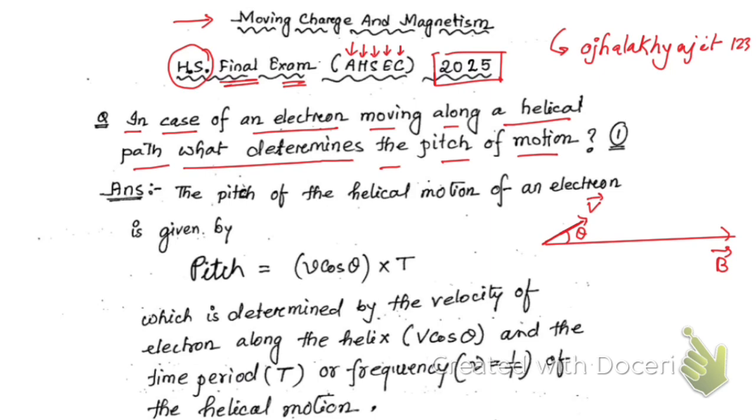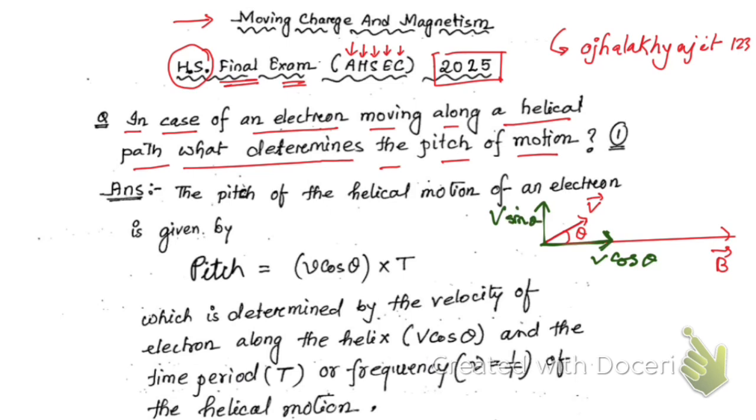Okay, it takes a helical path, because of its two components of velocity, one along the magnetic field, another perpendicular to the magnetic field. So here it's going to be v cos theta, and this is v sin theta.